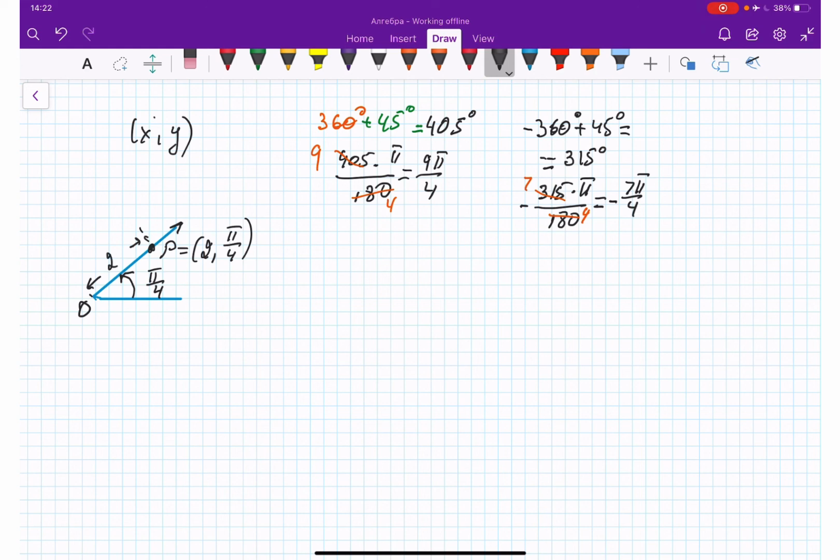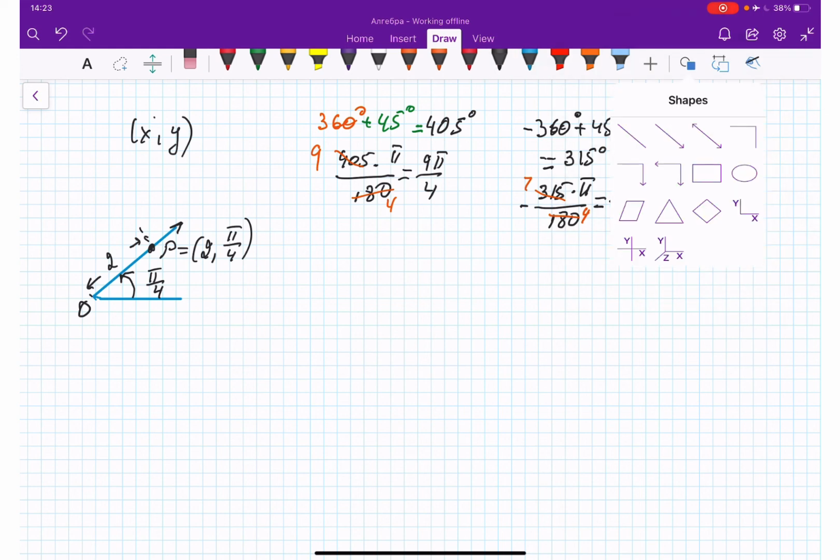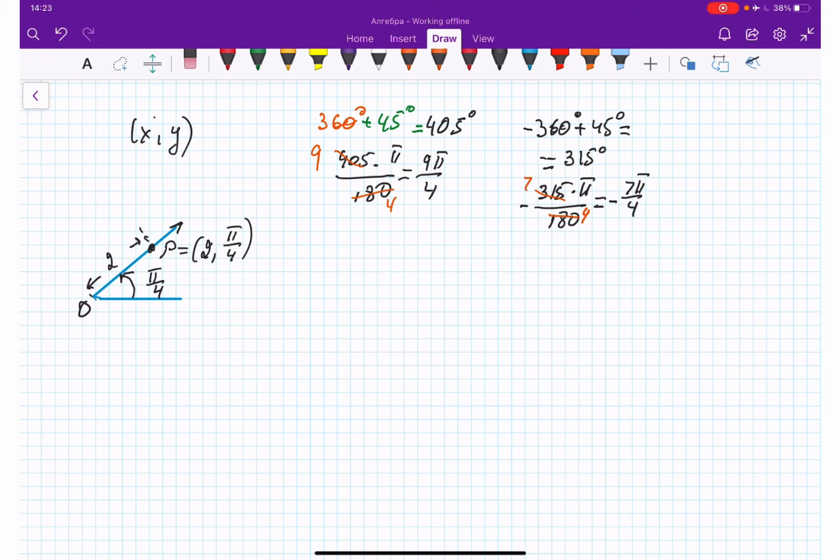Now what is interesting is that based on the same terminal side, several different angles can be generated. Let's go over these angles and see which types can be generated.